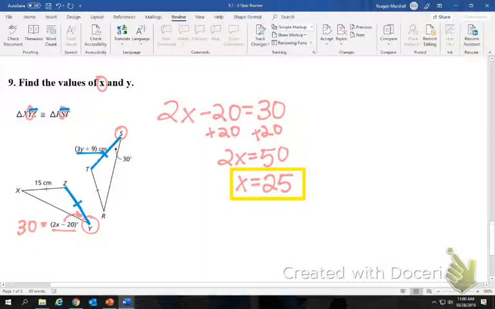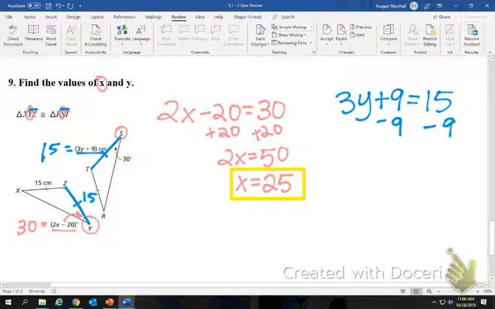So it's congruent to the other segment, which is 15. So what's the measure of YZ? 15, which means ST is also equal to 15. So we'll say 3y plus 9 equals 15. What is 15 minus 9? 6. Divide by 3 and y equals 2.